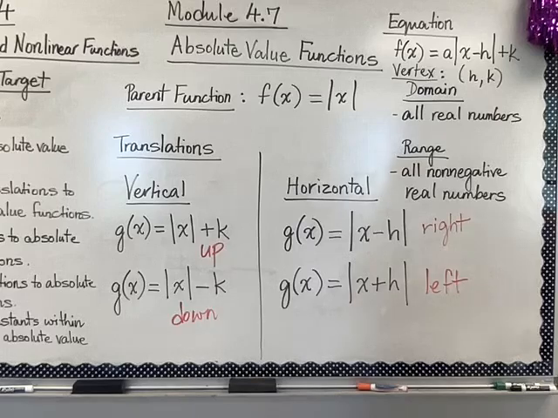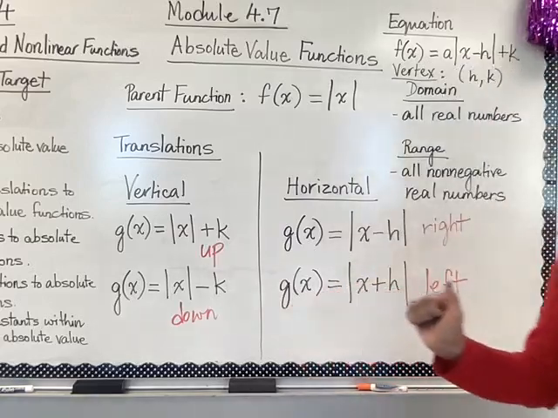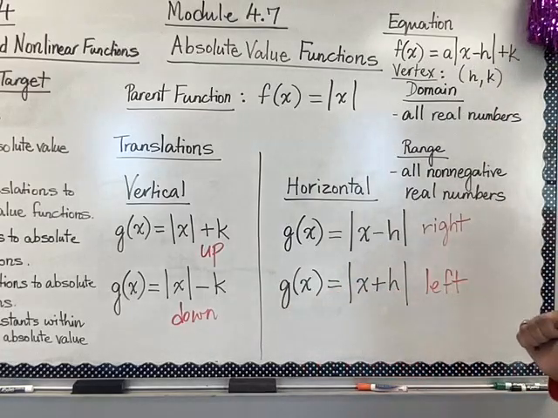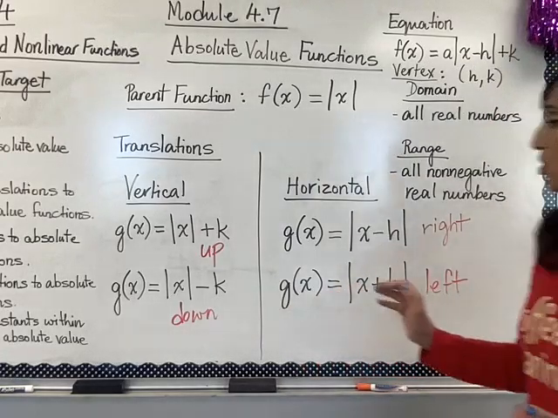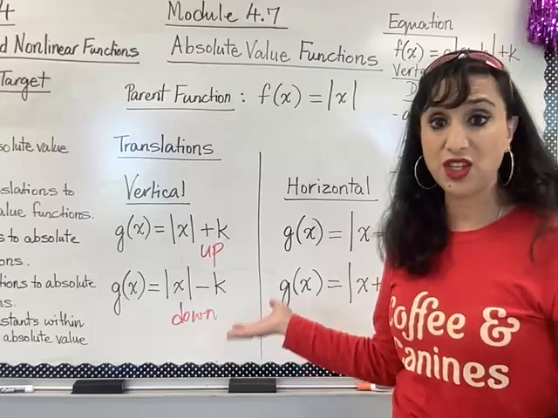So once again, if k is greater than 0, the graph of f of x is equal to absolute value of x is going to be translated k units up. And in the other one, if it's less than 0, it's going to be translated so many units down. And that's what we just discussed.